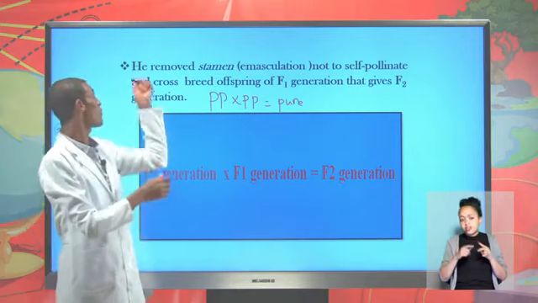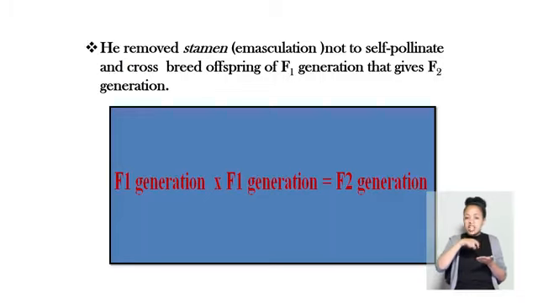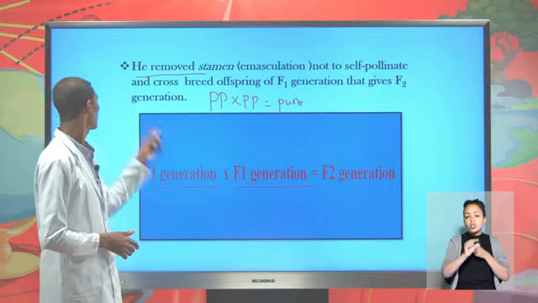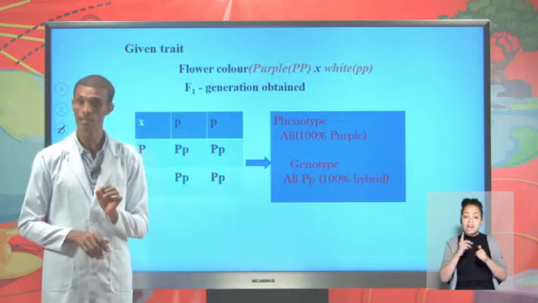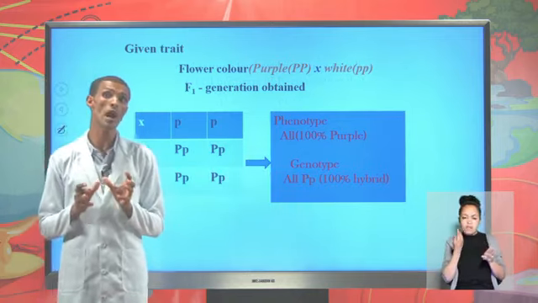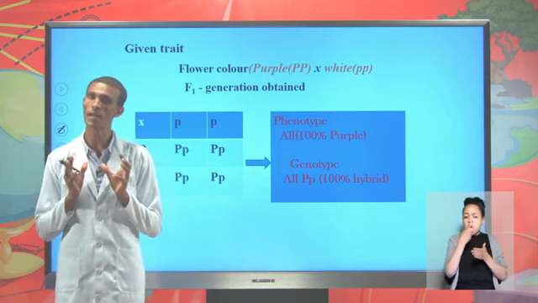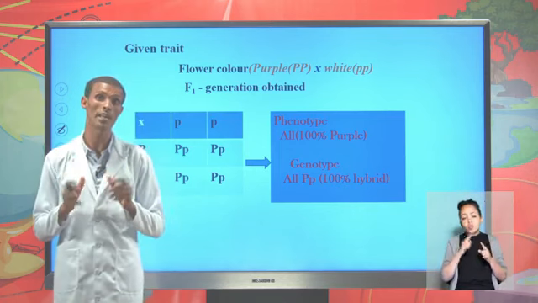Then removing the stamen from here and cross-pollinating, the progeny of the F1 generation of one plant with the progeny of another F1 generation, he obtained the F2 generation. Then after, he continued with this. Firstly, before we deduce our outcome, it is better to identify what is given here.